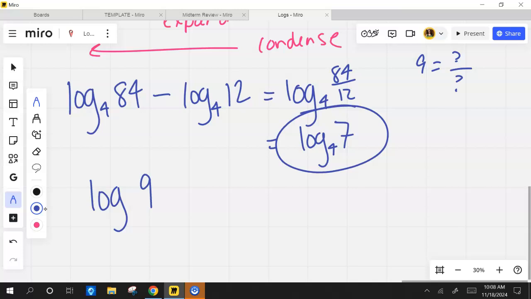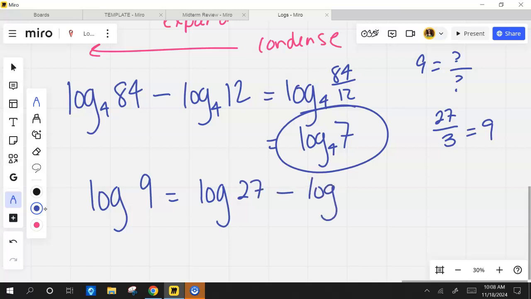You've got to write it as a division problem, though. 27 divided by 3 would work. Do you see what we're doing here? So I could write this, if I want to expand it, as log of 27 minus log of 3.